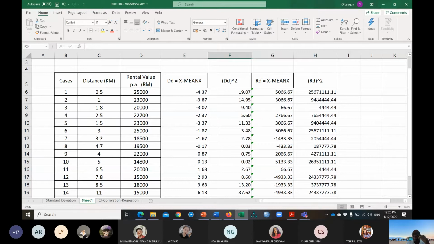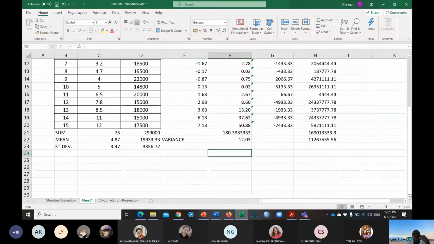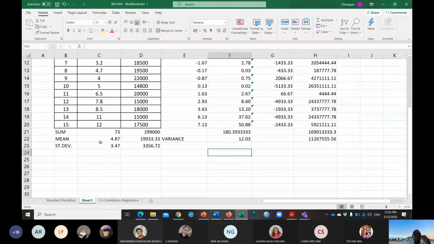This row, all these 4 rows will be marked with equal weight, then your mean and standard deviation will be marked. I think this is about 15 marks. If we get the same thing up to this point, good luck, 15 marks scored.